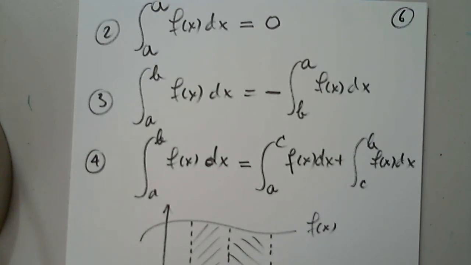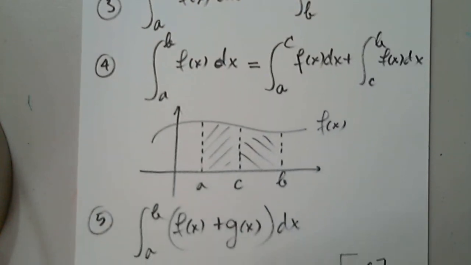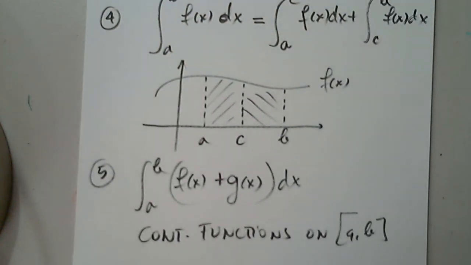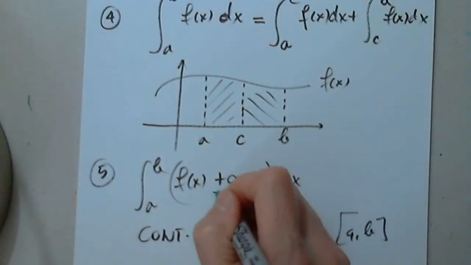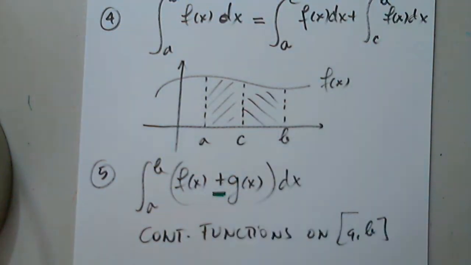Can anyone give us the property here? We have the same property for differentiation. We have the same property for limits. Exactly the same. And I can also have the second option here.